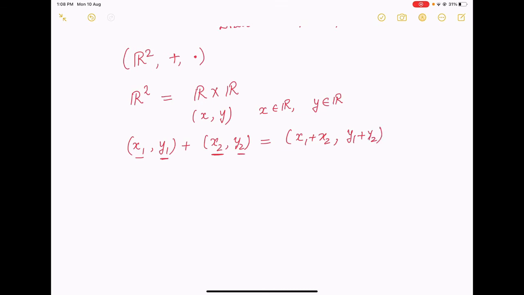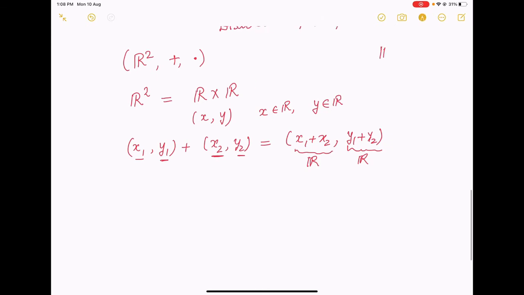You again see this belongs to R and this belongs to R, because R with plus is a group, that is, if x1 belongs to R and y1 belongs to R, then x1 plus y1 belongs to R. So x1 plus x2 belongs to R and y1 plus y2 belongs to R. So finally this element x1 plus x2, y1 plus y2 belongs to R cross R.